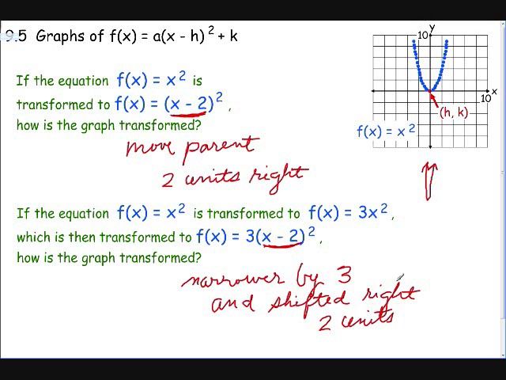Okay, so the vertex form, we could just look at the equation itself when it's in the vertex form and know quite a bit about what the graph looks like.